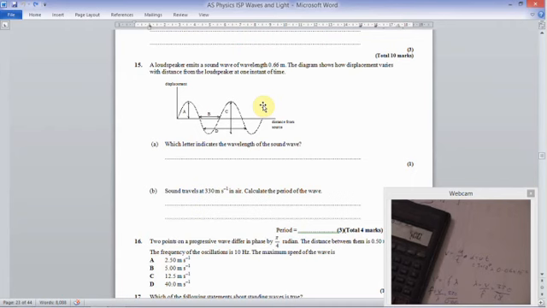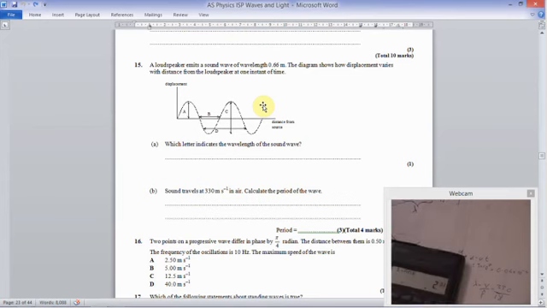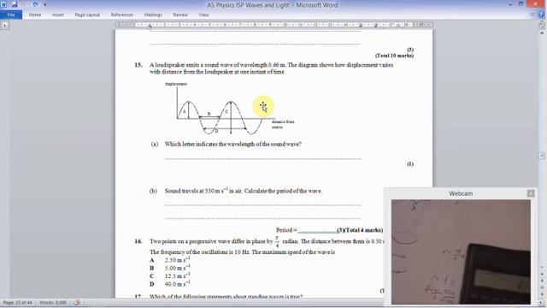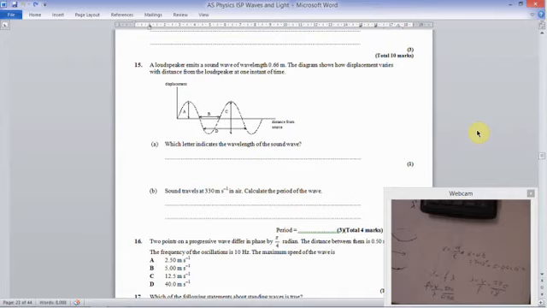Okay, so that's our frequency. We do 1 divided by 500, tells us our time period, so that's 0.002 seconds.